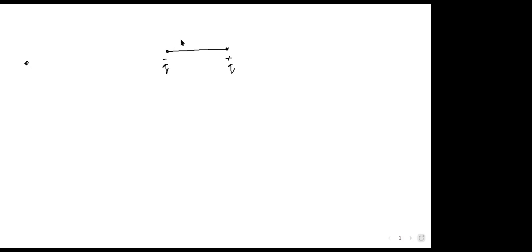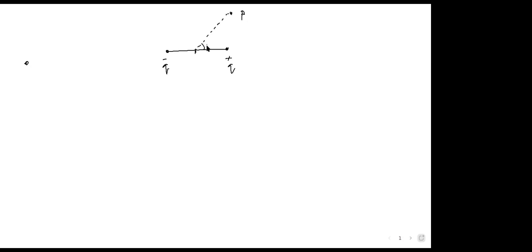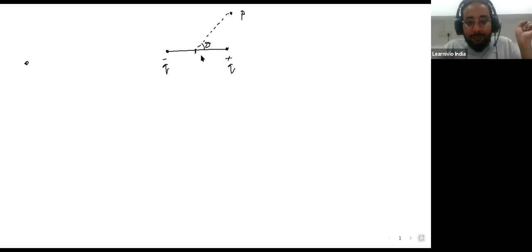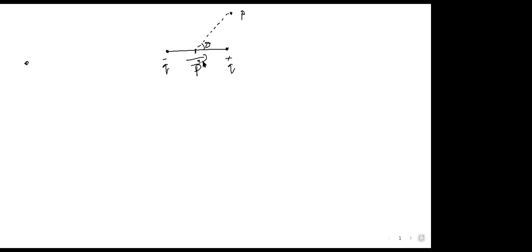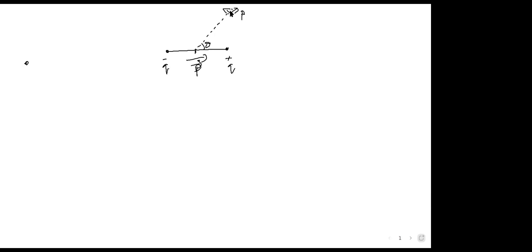Okay. We were talking about a random point P, which is at some angle theta. Here the P was in this direction. The electric dipole moment was in this direction. We figured out that the two components, one of them is going to face this direction, the other one is going to face in this direction.